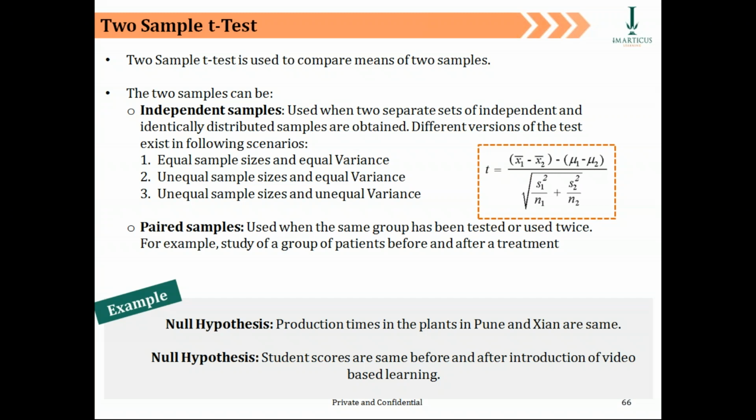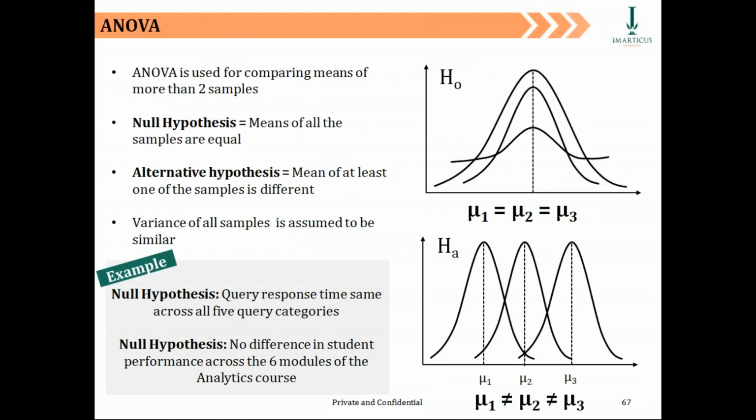Is there anyone who feels any challenge understanding what is given here? This is self-explanatory, nothing too tough. Then this is what we discuss about ANOVA.